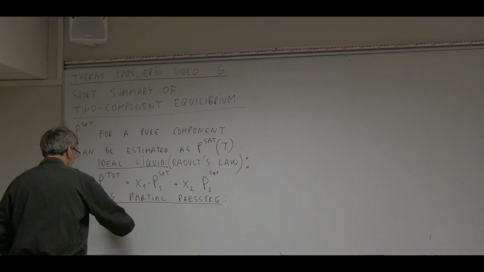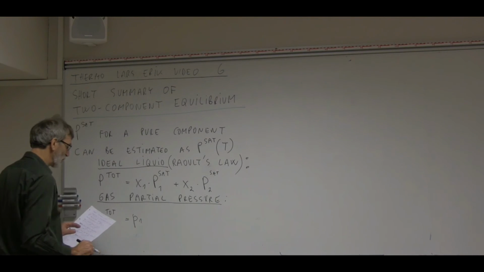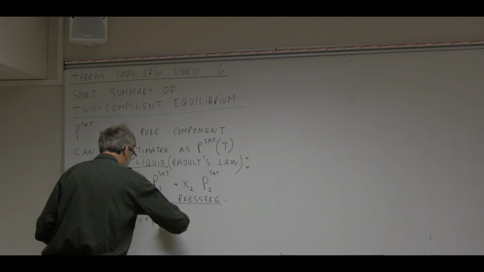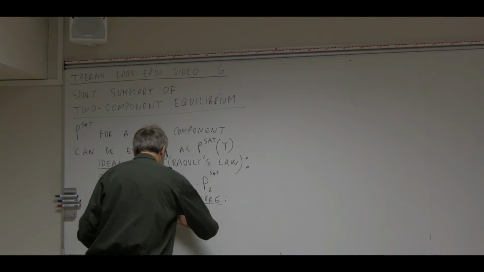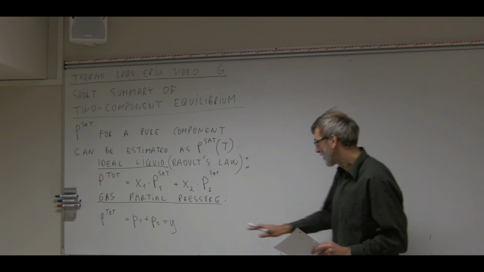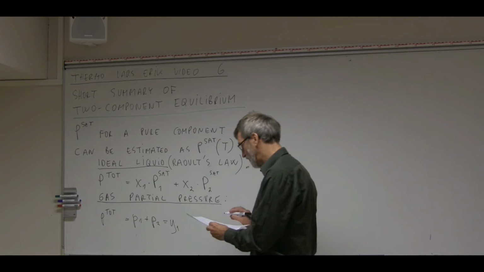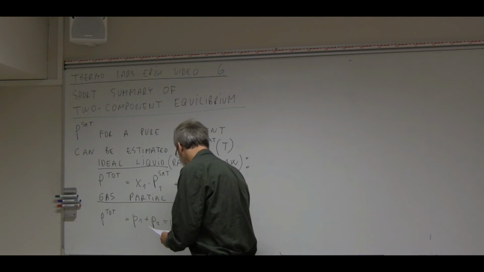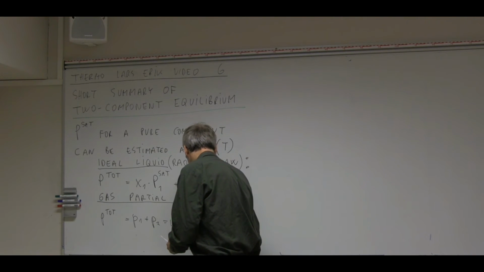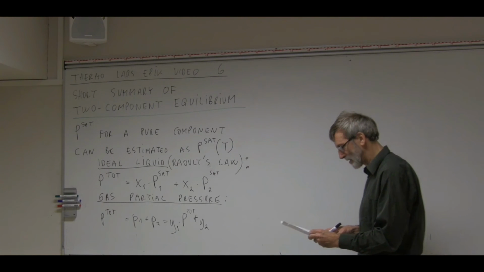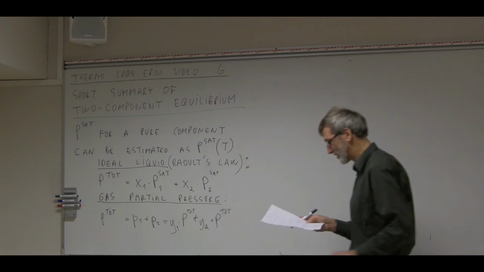That is that the total pressure is the partial pressure of component 1 plus the partial pressure of component 2, which is the vapor mole fraction of component 1 times the total pressure plus the mole fraction of the second component times the total pressure.